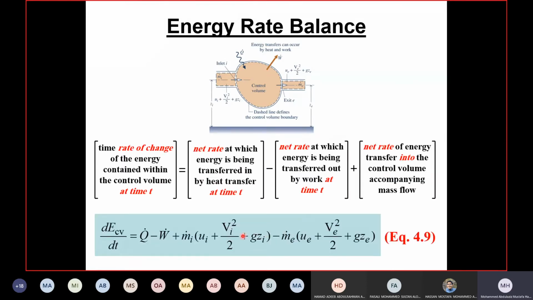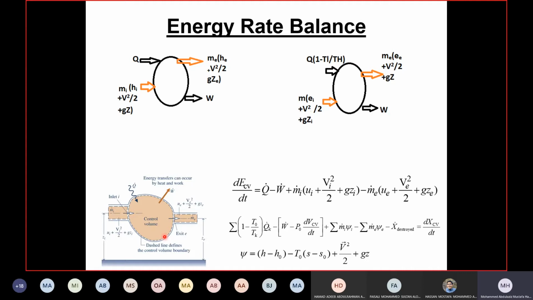If this is a steady state, and this will be most of our applications, this will be 0, and this will be the equation 0 equals that for a steady state. If this is a system, those two big terms, m_i and m_e, will be equal to 0, and then dE by dt will be equal to Q minus W. So we have these equations, and then how to apply them to a system or a control volume.